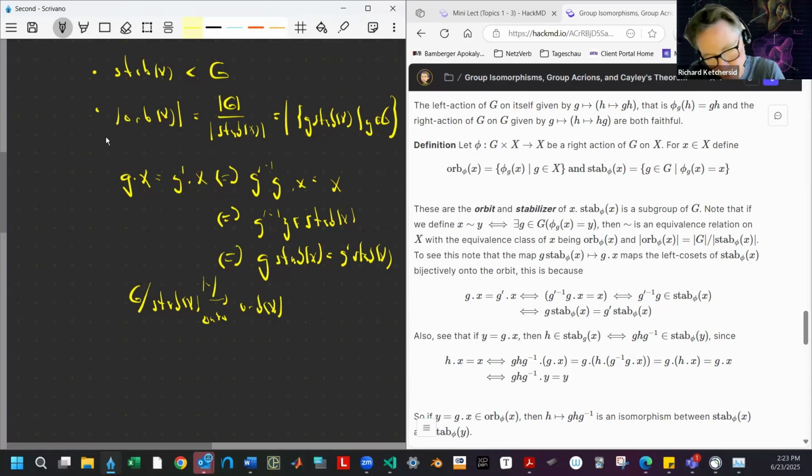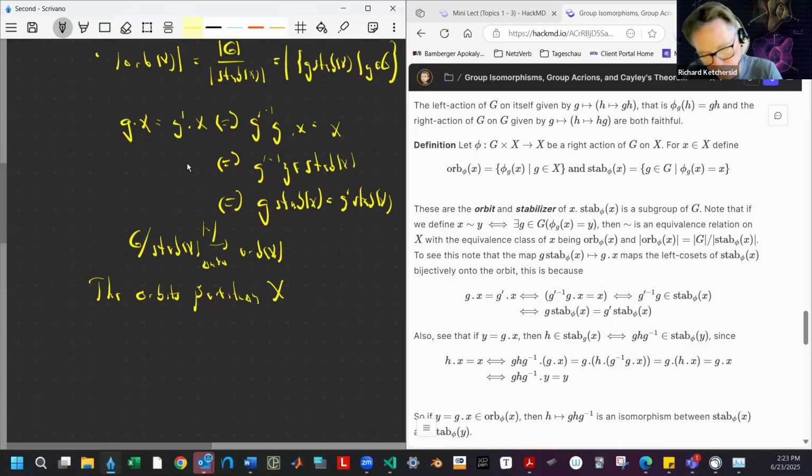By the way, that's another thing, and I guess this is sort of clear, is that the orbits partition x. So you have two different sets of partitions here. The left cosets, of course, partition g, but the orbits themselves partition x.